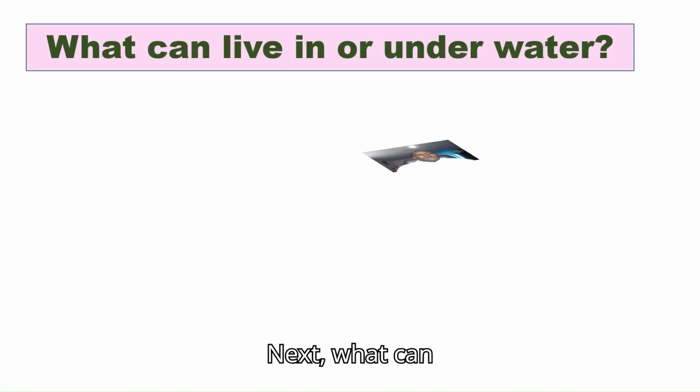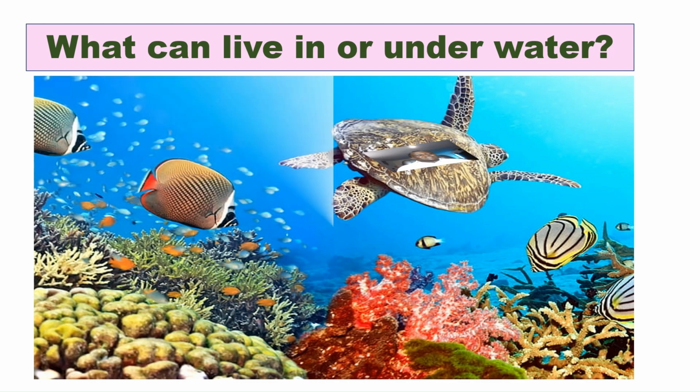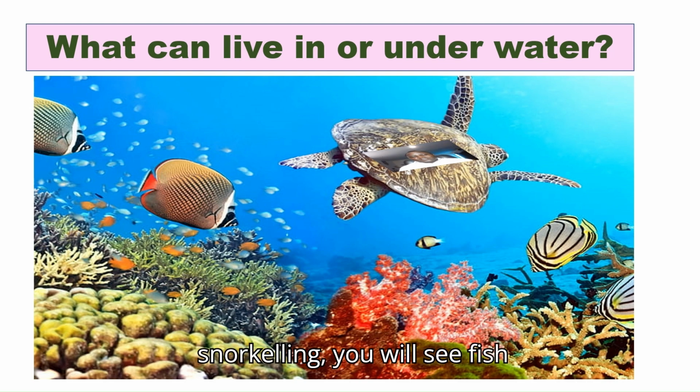Next. What can live in or under water? Ta-da! Have you gone snorkeling? If you go snorkeling, you will see fish species of this form. You will see Nemo. So you see turtle. Turtle, they spend part of their life in water and part on land.